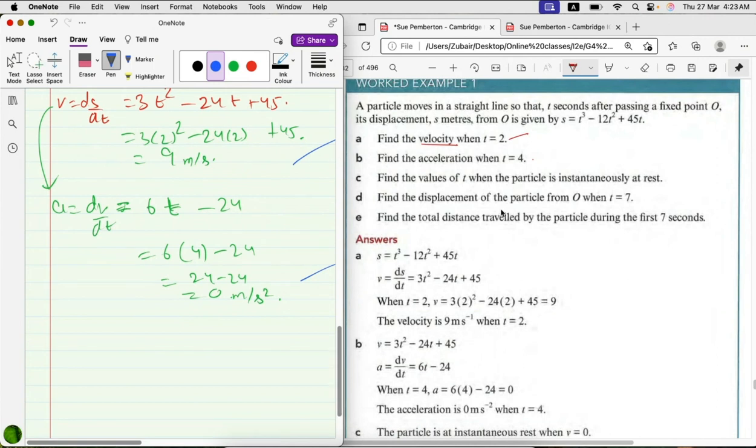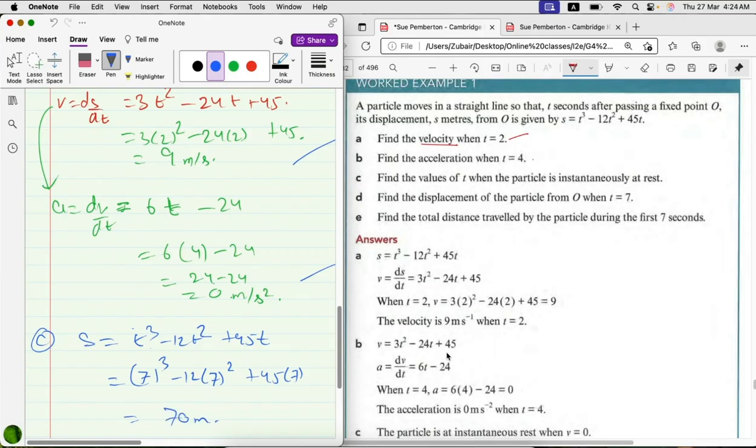The next part says find the displacement of the particle from O when t is 7. Displacement is t cubed minus 12t squared plus 45t. Using the calculator, 7 cubed minus 12 into 7 squared plus 45 into 7, I'm getting positive 70.